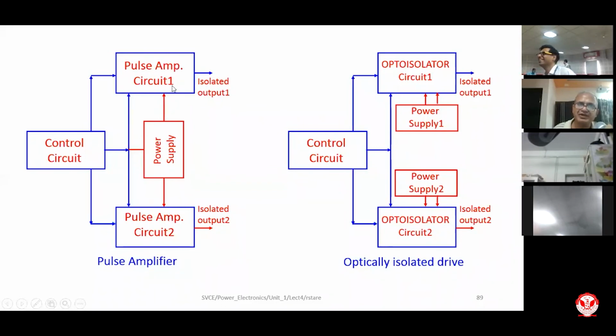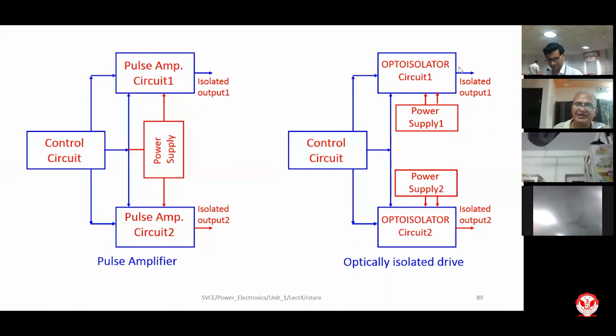If I use 3 such circuits or 4 such circuits or 6 such circuits, only one power supply is required. So when I'm using pulse amplifiers, using electromagnetic isolation, the complexities on the part of power supply are very fair, and one can operate these circuits very comfortably. The only limitation is that the width of the pulses which I transmit through this is restricted.